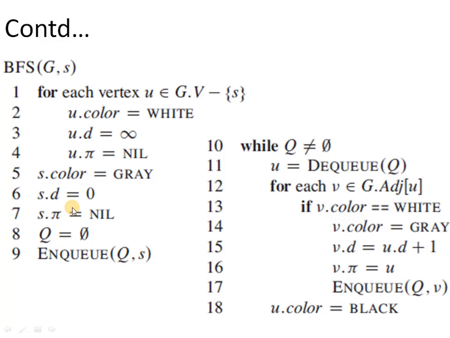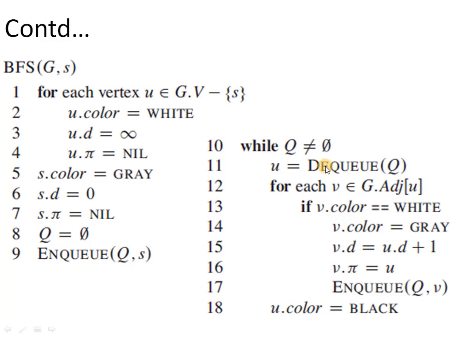And then the initial values of the source vertex will be: color should be gray, distance of the source node with itself, that is d, should be equal to 0, and since it is going to be the root of the tree, the pi attribute, that is the predecessor of S, should be equal to nil. Then we create the Q, and we NQ the source vertex into it. After this, we have to repeat this set of steps till Q becomes null.